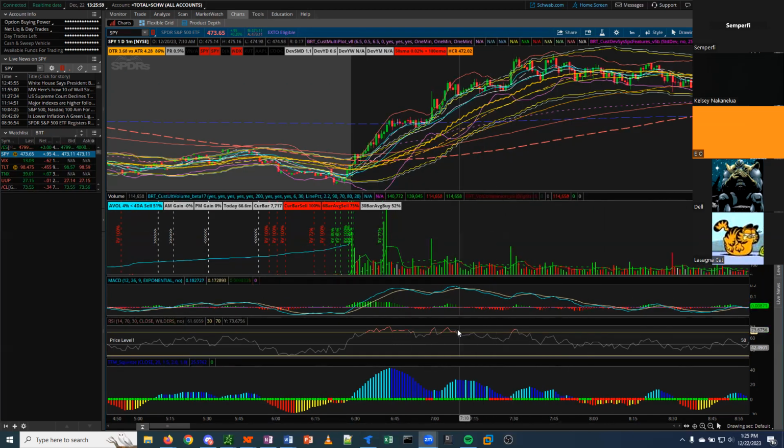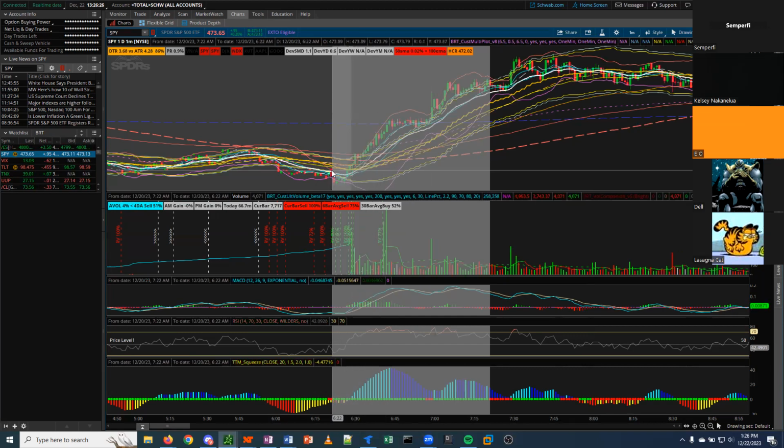There were so many buyers here that overpowered all the sellers in this area. Why? Because it was a significant level. It broke above the 666 and it just held. Sellers tried to take it right there, and buyers just bought it right back up.